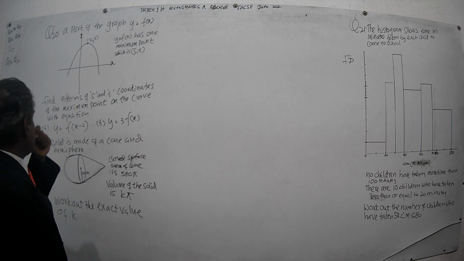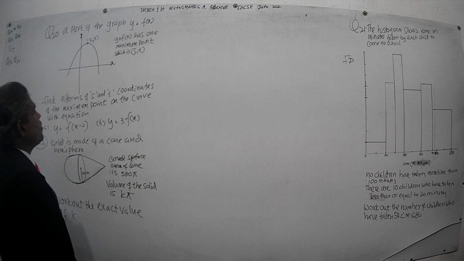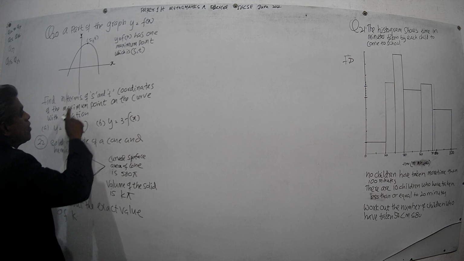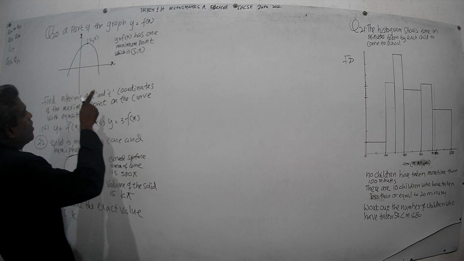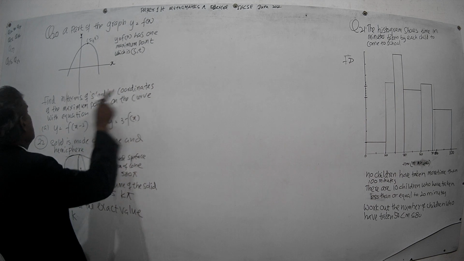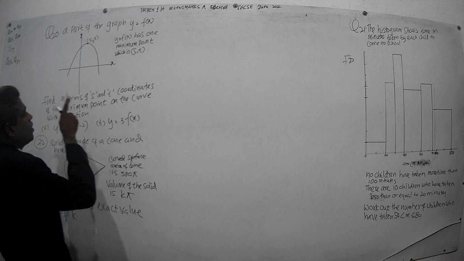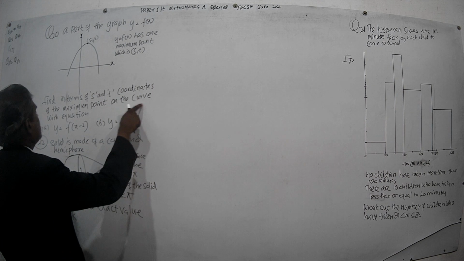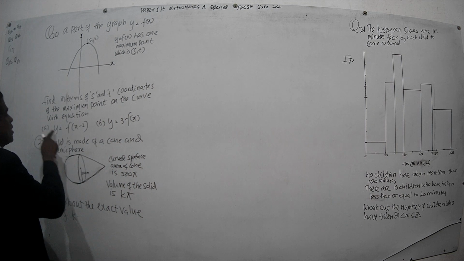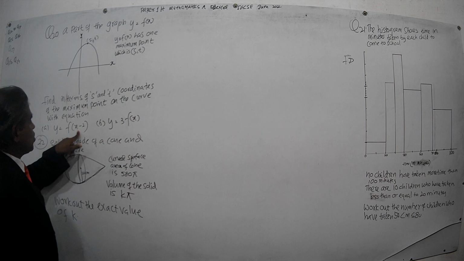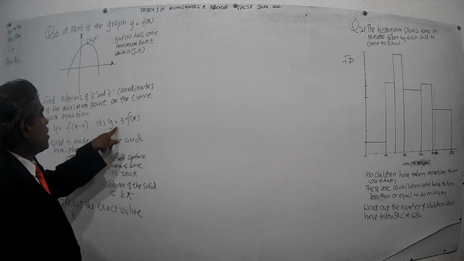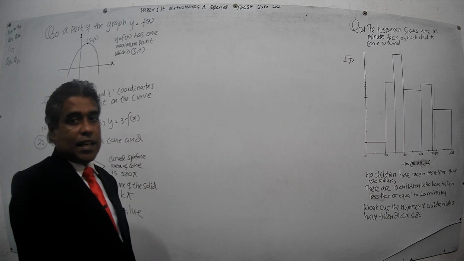Then they say, find, in terms of s and t, the coordinates of the maximum point on the curve with equations y equals f(x minus 2) and y equals 3f(x).